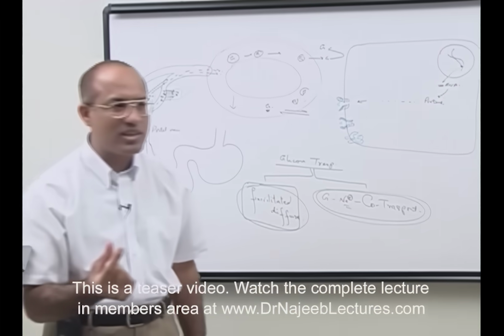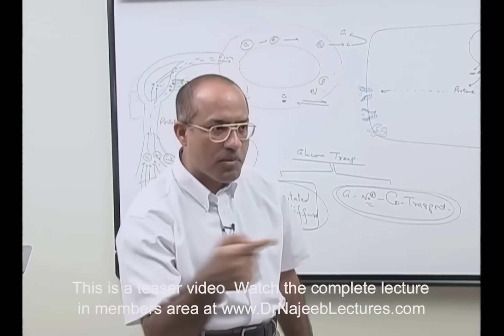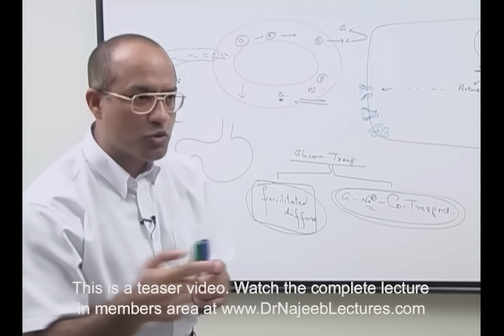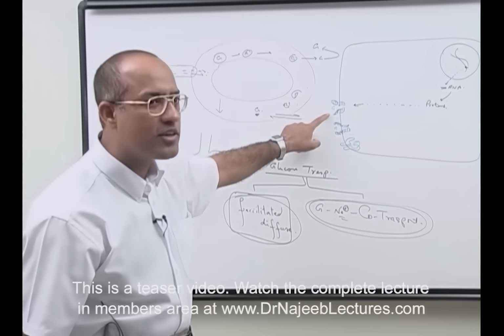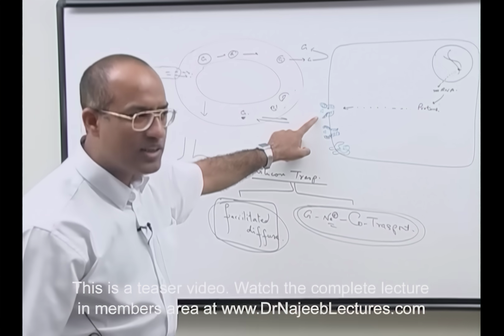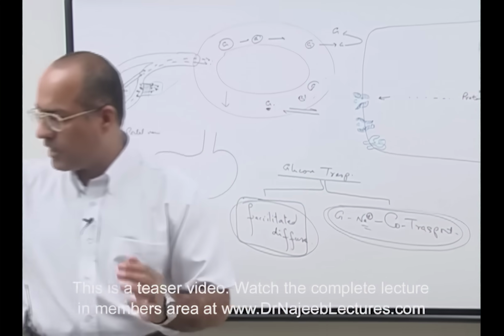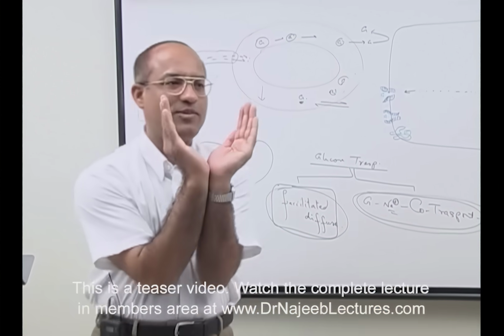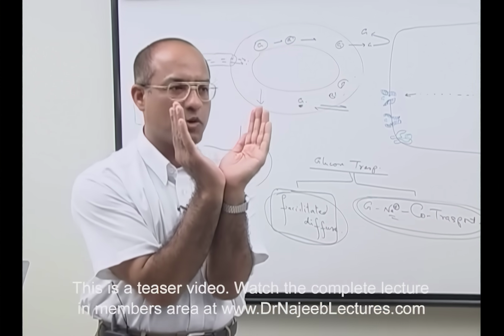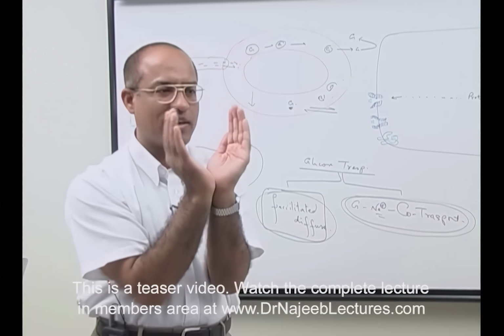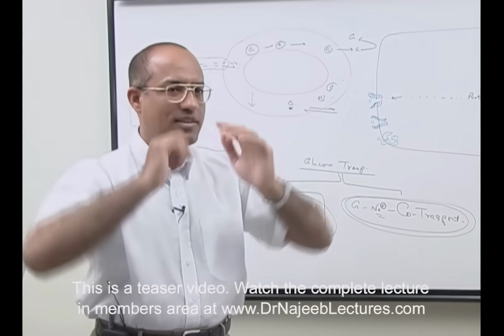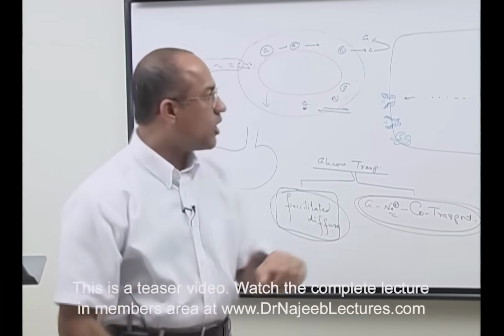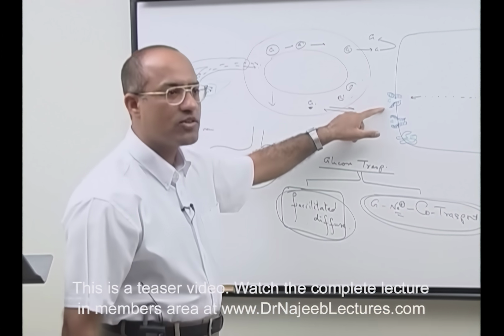So what is happening? This is a transmembrane protein which goes through the membrane, and this protein has a capability to alter its shape. When it is not loaded with glucose, look at it, this protein is like this. As soon as glucose sits here, it opens like that. Now, this is the basic way these glucose transporters work.